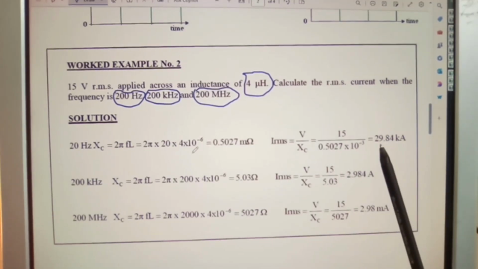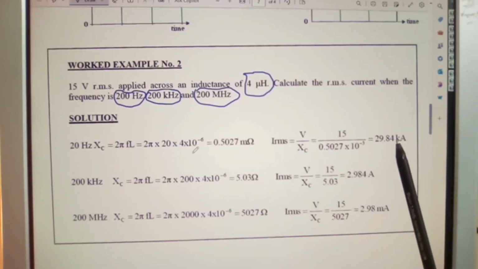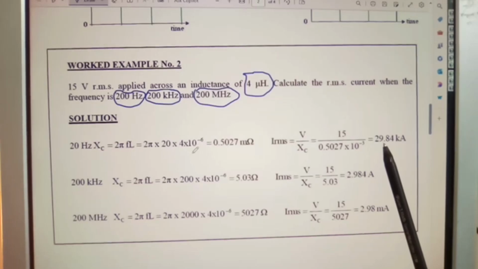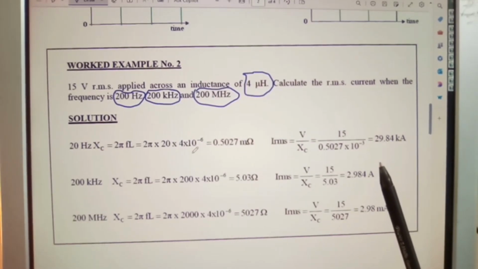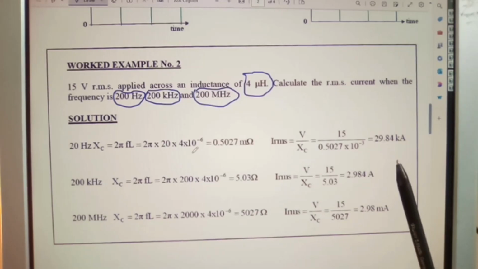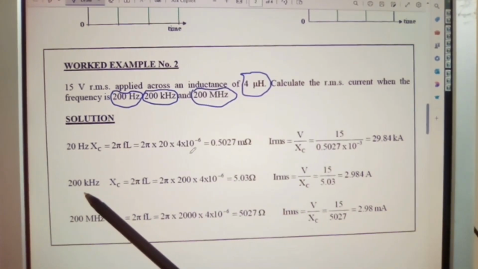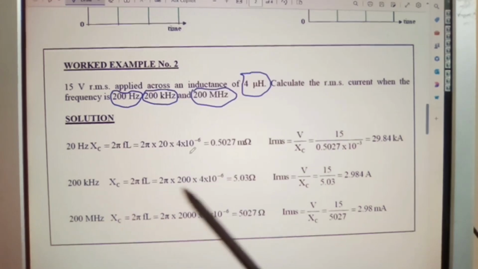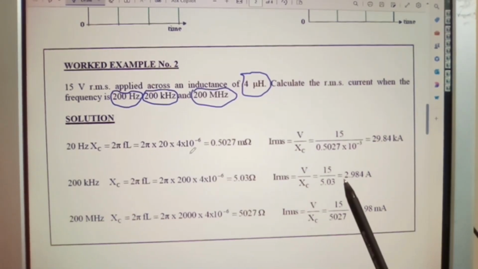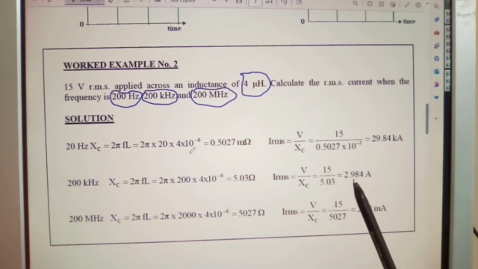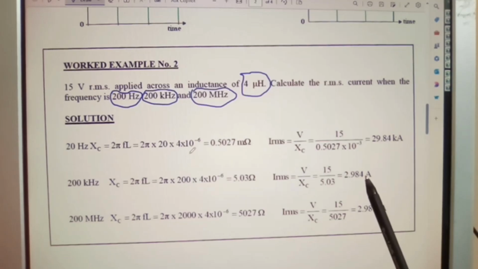And here we got 29.84 kiloamps. That's a lot of amperage. That's roughly 29,000 amps. But as we increase the frequency, we get a reduction in the amperage to 2.984.